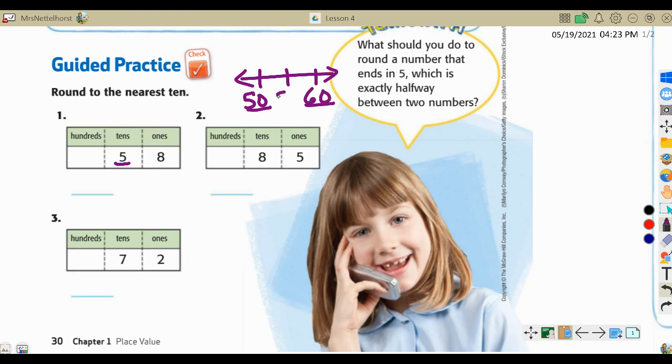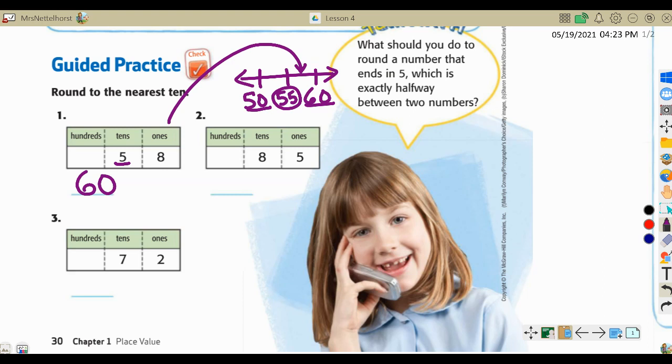Smack dab in the middle is 55. I'm going to circle that, because it's not a possible answer, it's just the middle. Then I'm going to look at 58. I think 8 is more than 5, so let's count. 55, 56, 57, 58. So 58 would be between 55 and 60, which means that 58 rounds to 60.